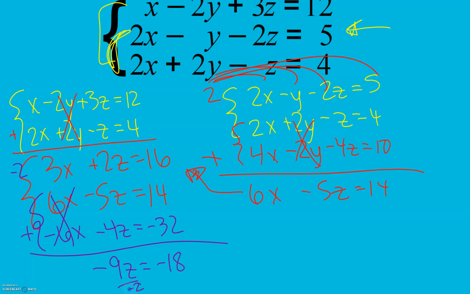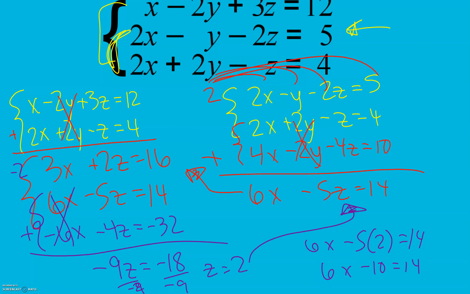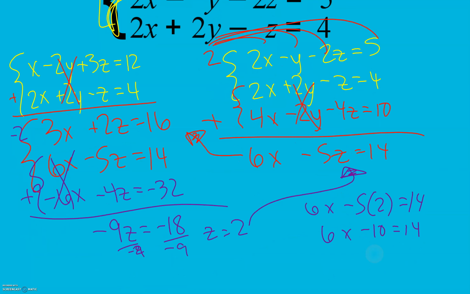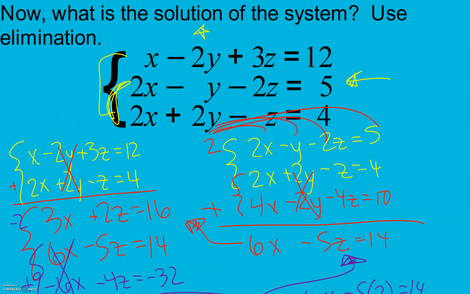Divide. And I get 2 for z. Once I have one variable, I substitute it into another equation to find my next variable. Divide by 6, and I get x equals 4. x is 4, z is 2.